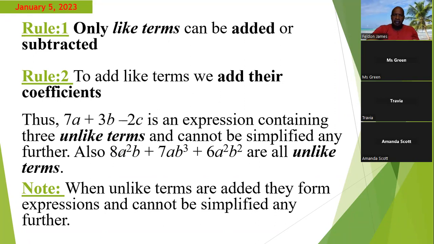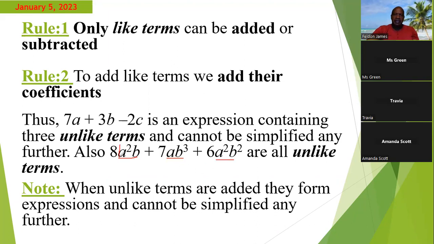This term is the product of a squared times b. The variable here is a squared times b. The variable in this one is a b cubed. This one is a squared b squared.